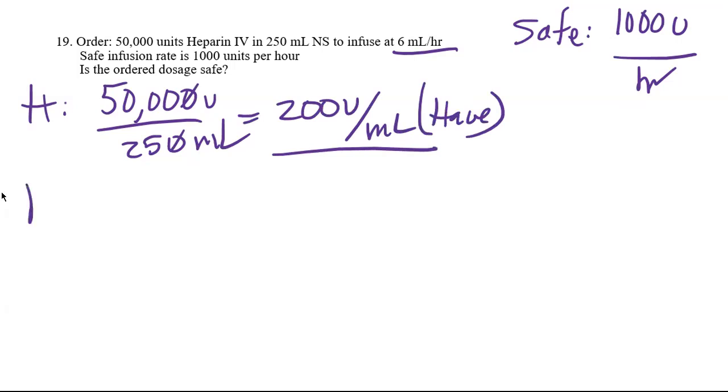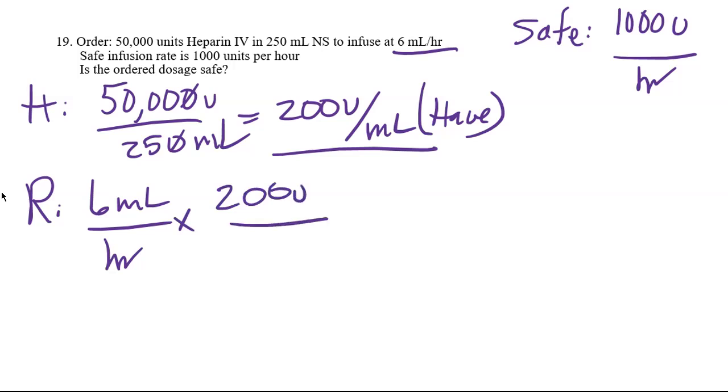And your rate is 6 mLs per hour. So you got this times, and we got mL at the bottom, so let's just go 200 units over 1 mL, cross that out, and we've got 1,200 units per hour.